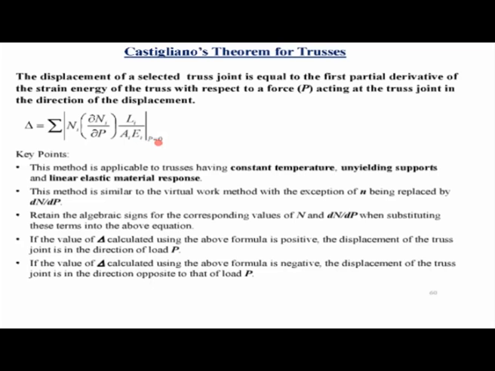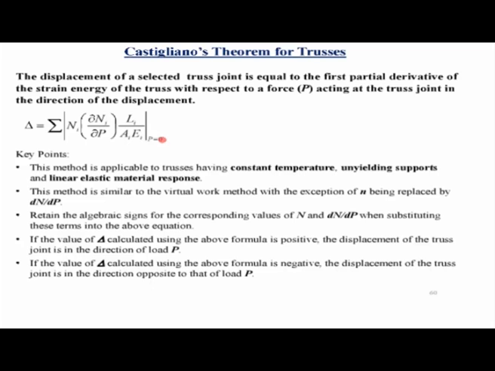Now, when I discuss one of the assignment problems during the later part of this session, you will see that if you want to calculate the deformation under a given load, that is, if a load is applied, let's say in the vertical direction in the truss, that is an actually applied load, and you want to calculate the deformation in the direction of that load at that same joint where the load is applied, then you can still use this method, but instead of putting P equal to 0, you put P equal to the value of the external applied load.